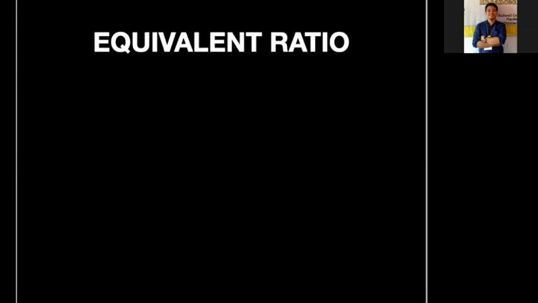Let's proceed now to equivalent ratio. Just like equivalent fractions, there are also ratios that are equivalent to each other.